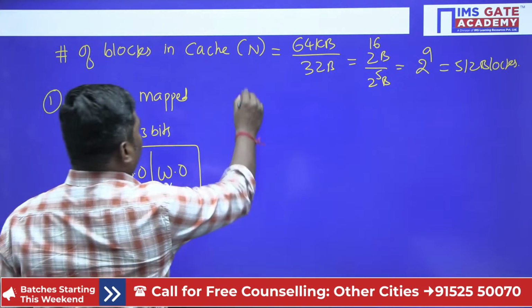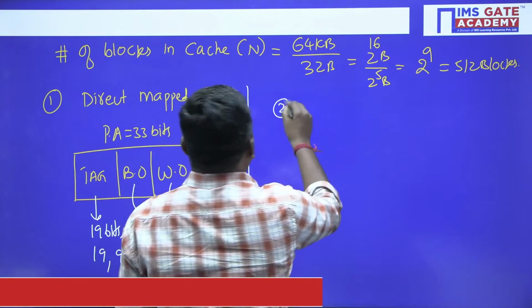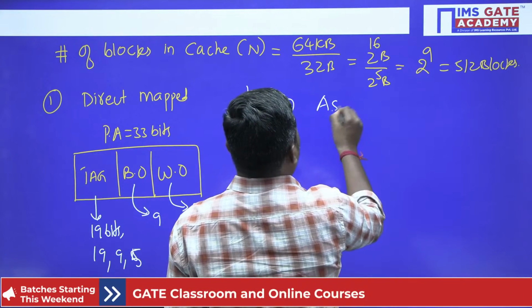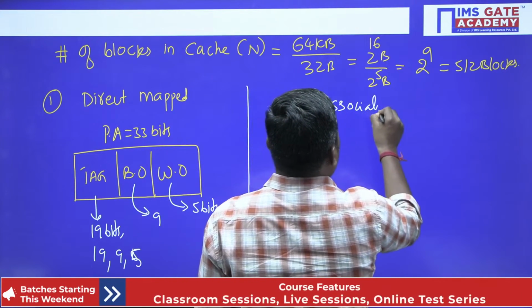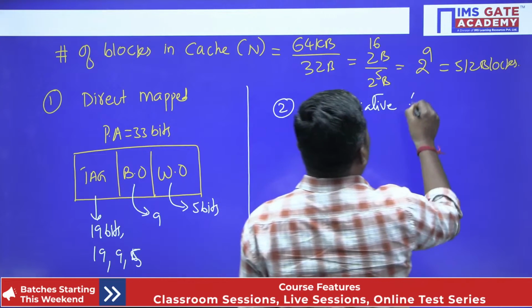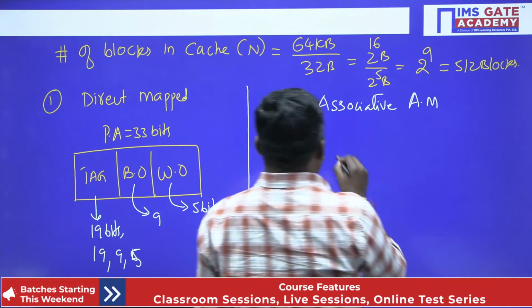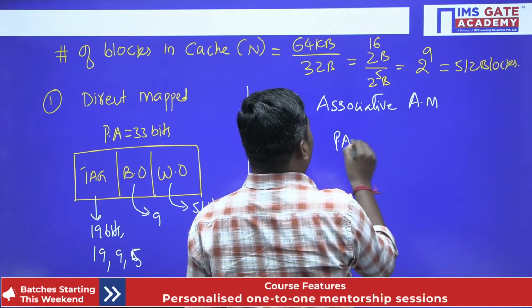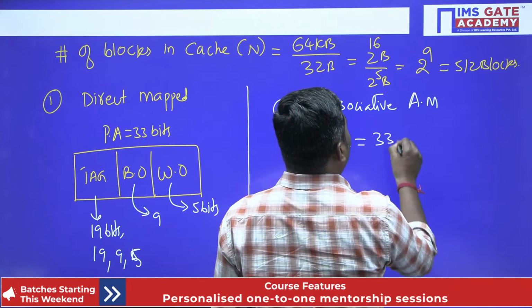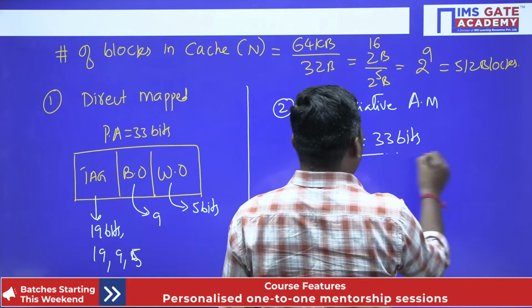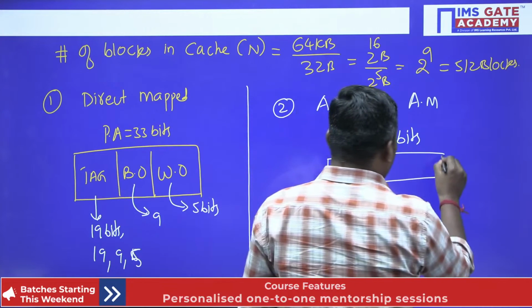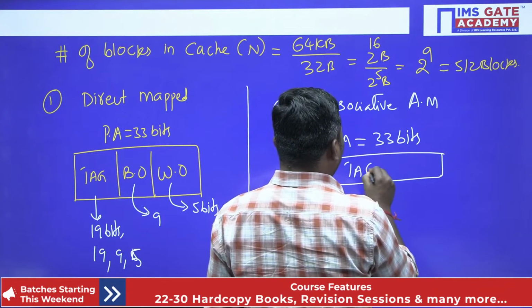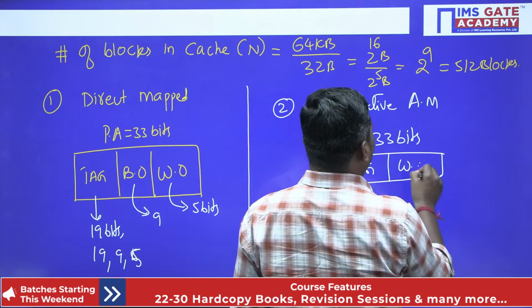Similarly, the second part: for full associative, they are asking. In case of associative address mapping, the 33-bit physical address is divided into 2 parts only. Yes or no? What are the 2 parts? Tag is there, that's it, and word offset will be there.